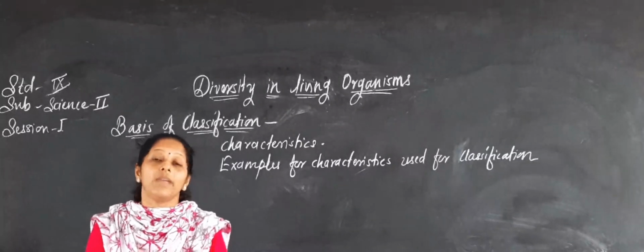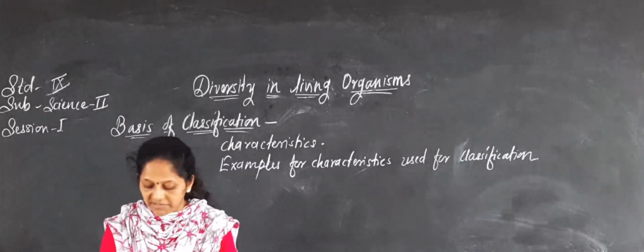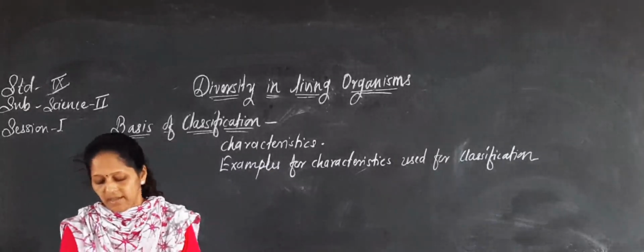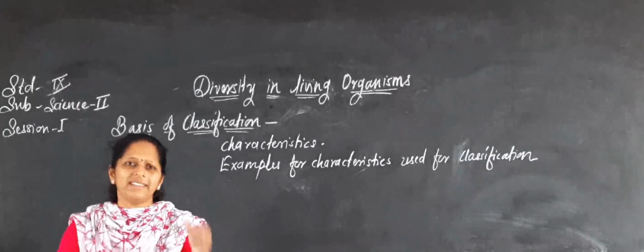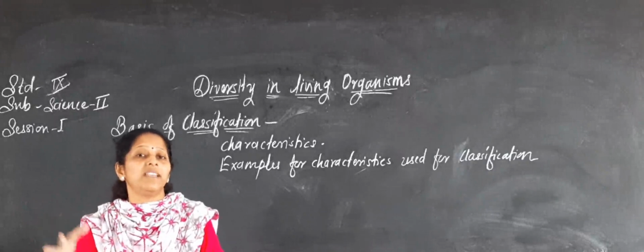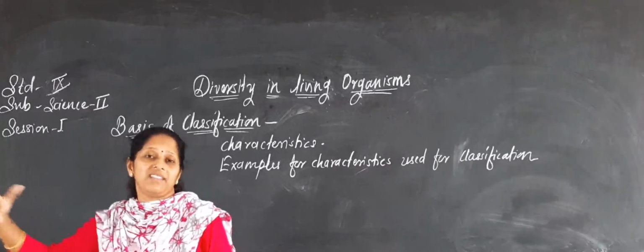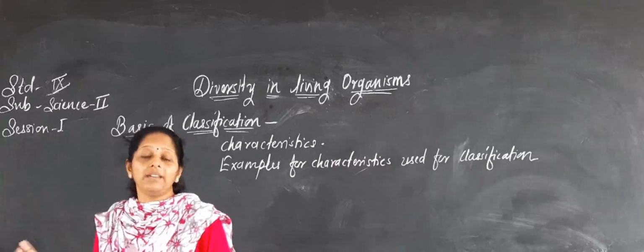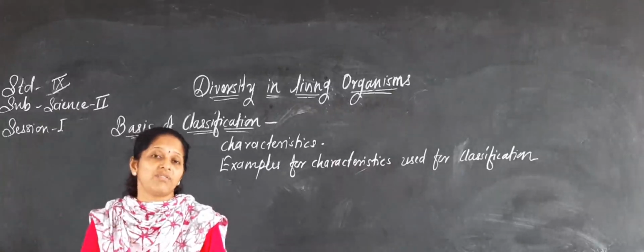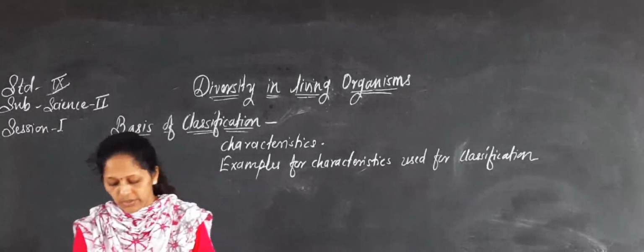Within these groups there are again smaller groups, because, as we observe, monkeys are in one group, but within that again there are gorillas, chimpanzees, common monkeys, and many different species. So those are smaller groups or subgroups that we again make.